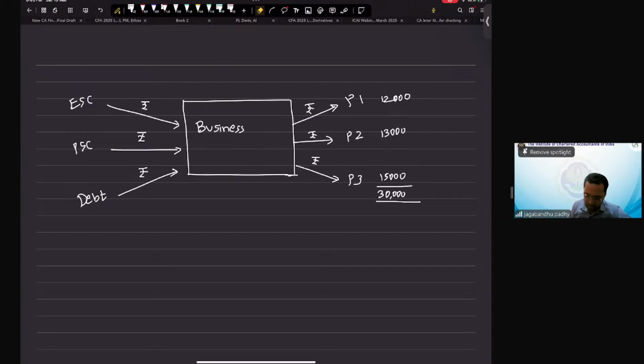Okay, so the total investment made into the different projects is, let's say, totaling 40,000. Sorry, it's 40,000, my bad. Now, of course, on this 40,000 we would be expecting some rate of return, let's say 20%.